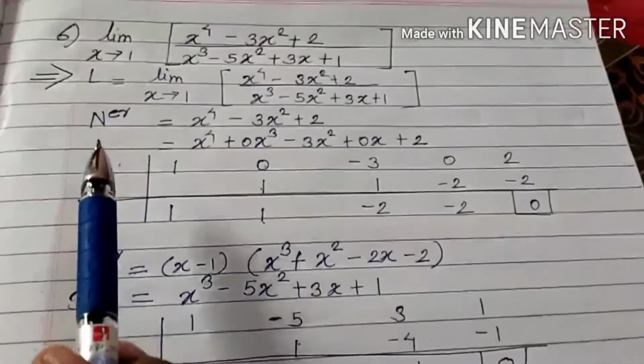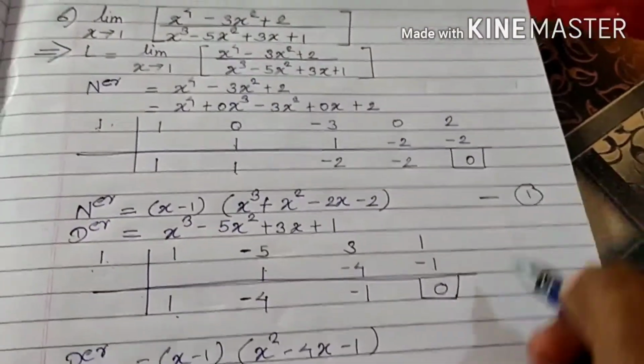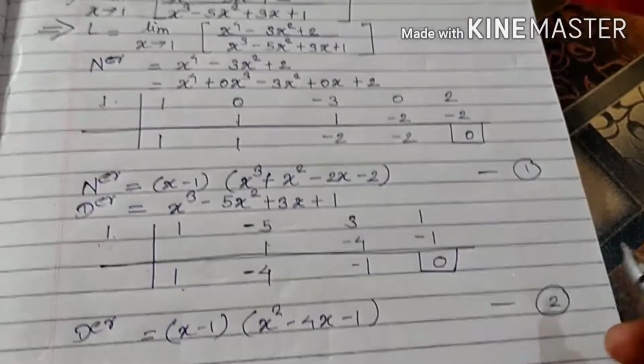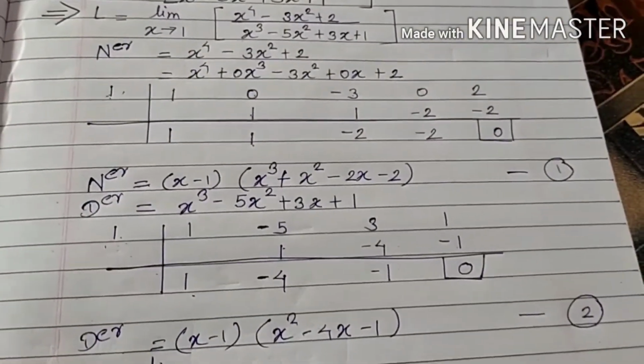Now use the factorization of this numerator and denominator. You can write here 1 and here 2. So L is equal to limit x tends to 1.